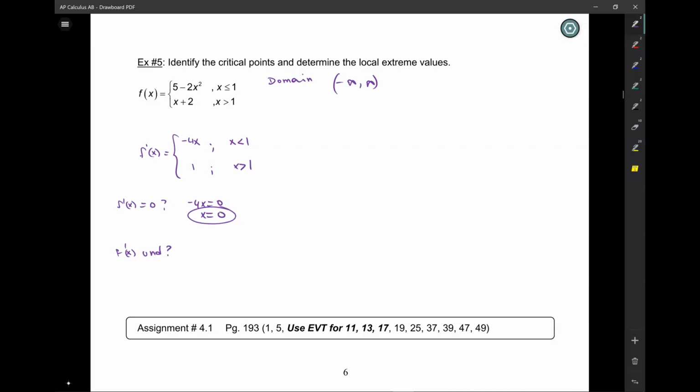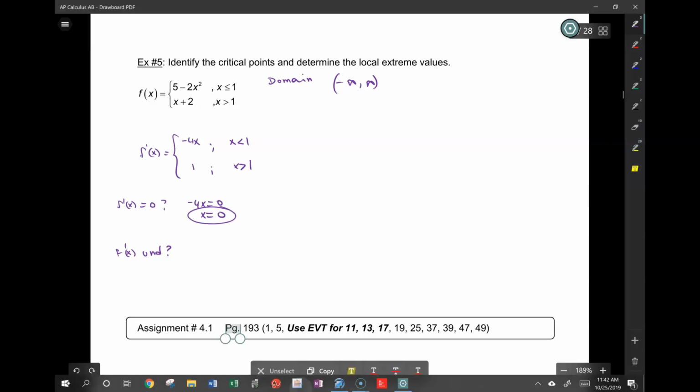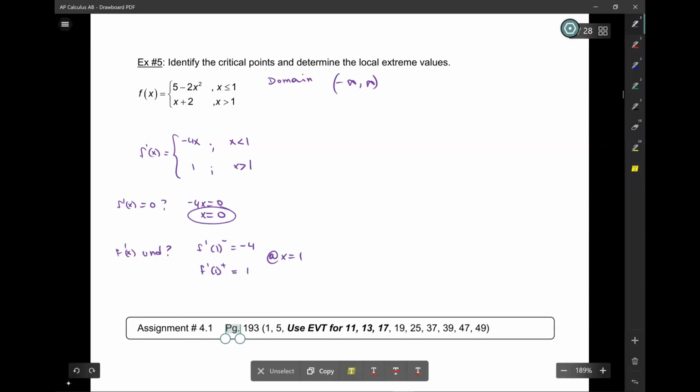Not at 1? Oh, okay. Right? So look, f prime of 1 from the negative side is equal to negative 4. f prime of 1 from the positive side is equal to 1. So at x equals 1, now I have 2 critical points.